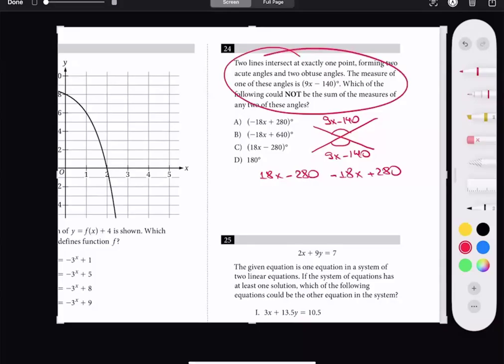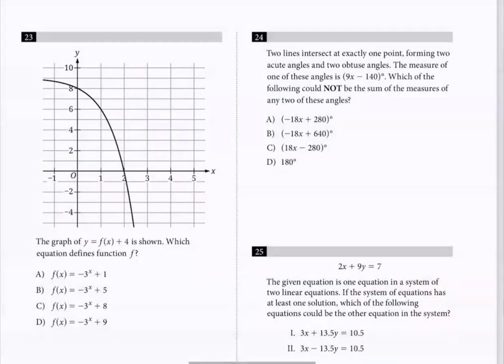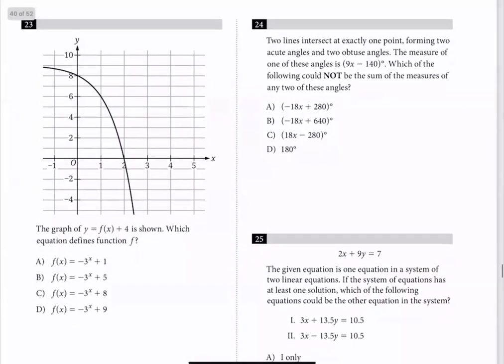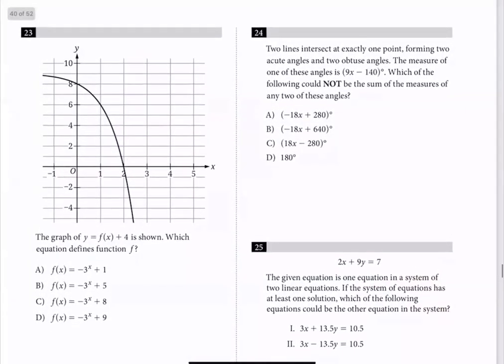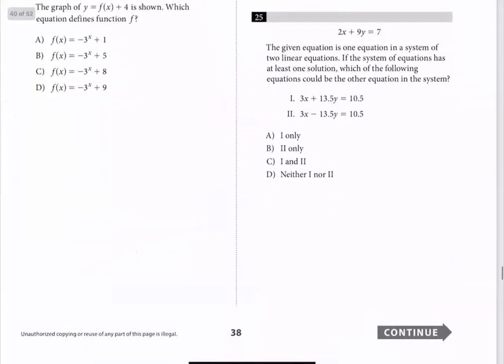Do you agree? Because it will be 0, is what you're talking about? Yeah. Okay, perfect. Conceptually, it's perfect. So it is A, let me see. Yeah, it's A. Next one. Yay.